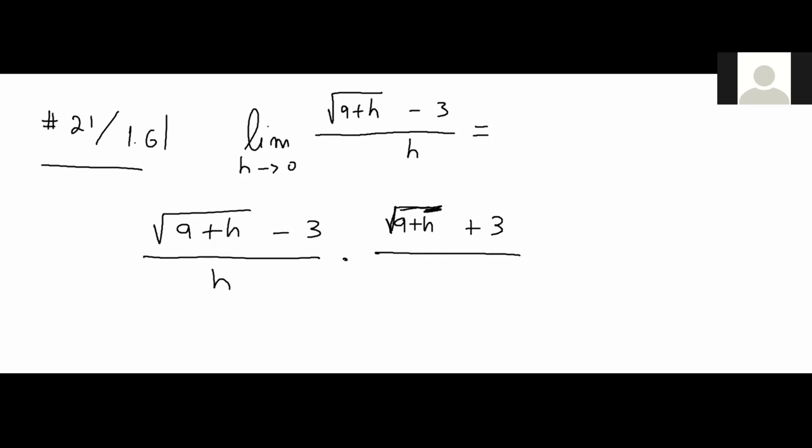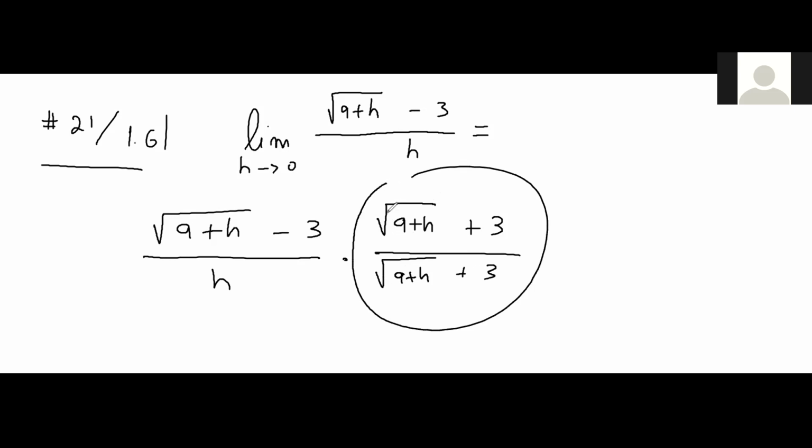Let me make that square root nice. All right, there we go. So that will be the conjugate. So again, if you have a square root quantity minus 3, the conjugate will be square root plus 3. All right, and then divided by the same thing, by the square root of 9 plus h plus 3, because again, you want this to be 1, essentially, so that you still keep the initial expression, right?